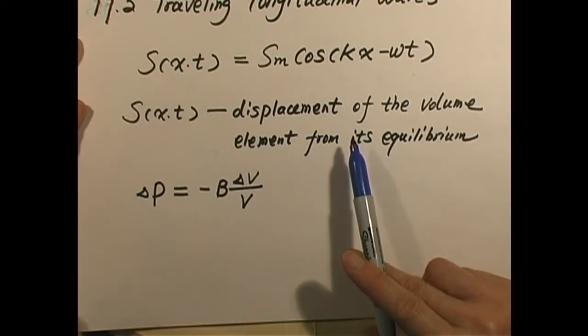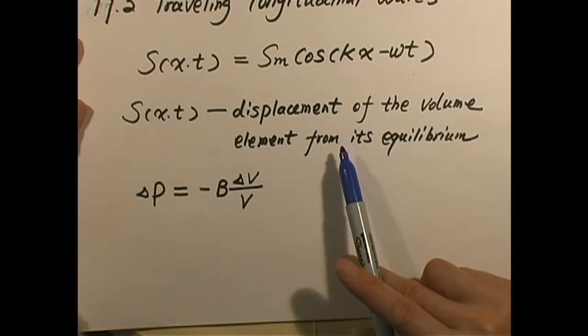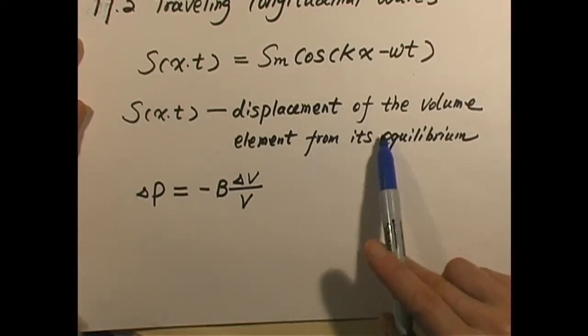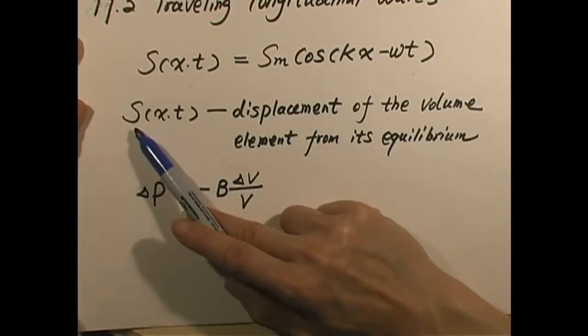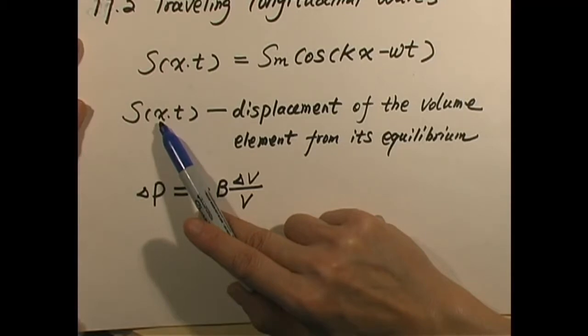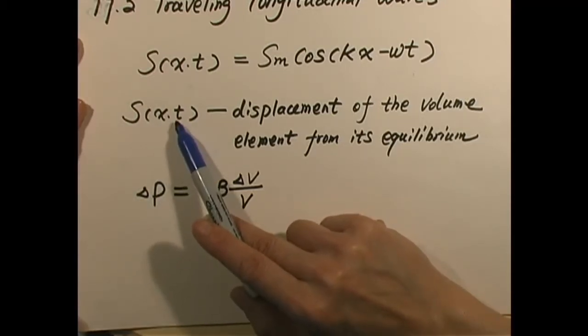If you still remember, along a thin long tube filled with fluid, if we cut a slice of it, each slice has its equilibrium position, which means undisturbed. When this slice starts to move away from its equilibrium position, the displacement we define as S, and x is the position of its original equilibrium position, and time is t.